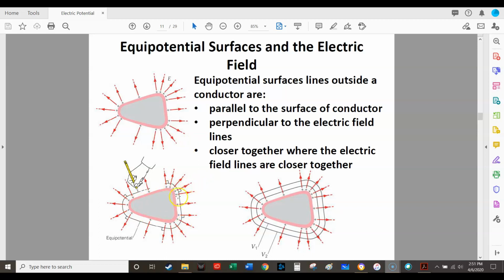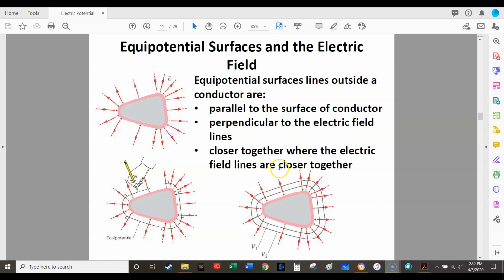And these would be the equipotential surface lines. You have almost like a ripple effect. And what you'll notice later on is that these equipotential lines get weaker and weaker the further out, because the voltage is dropping off: the further out you are, the distance increases, which then drops down the voltage.